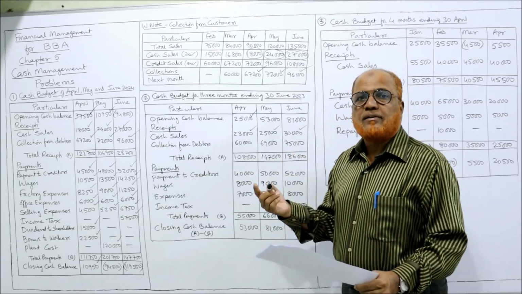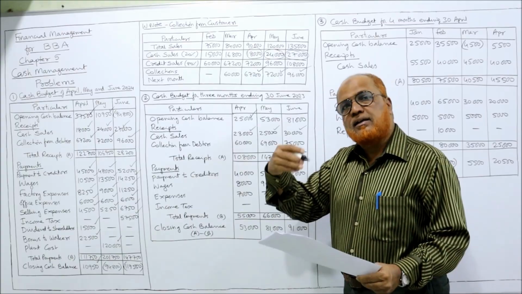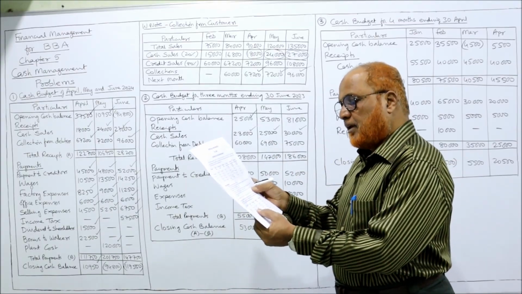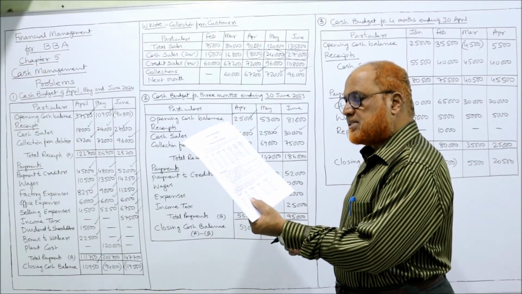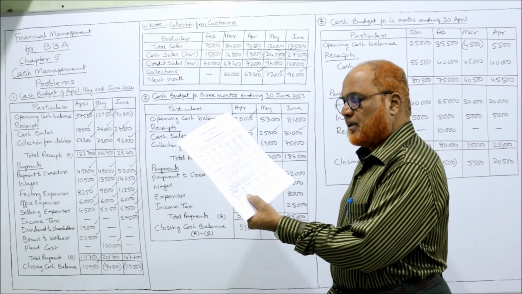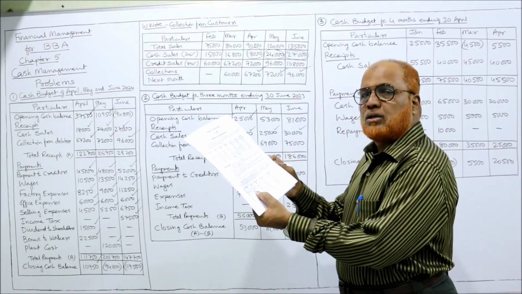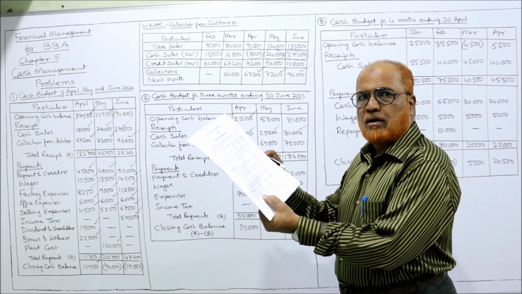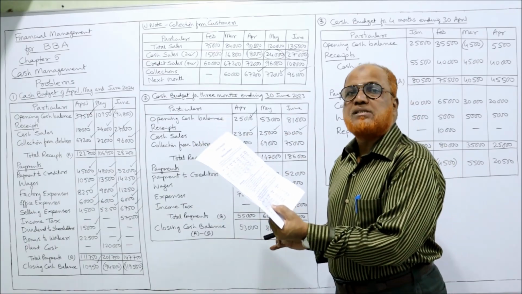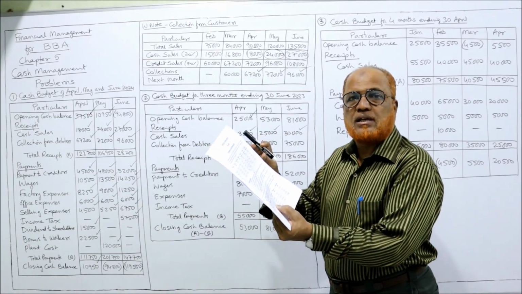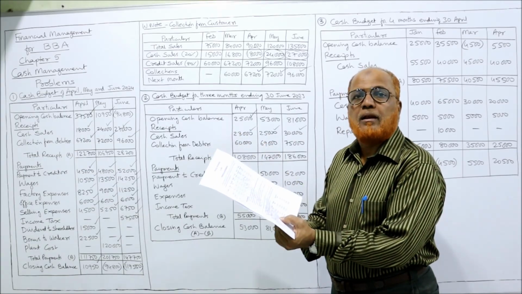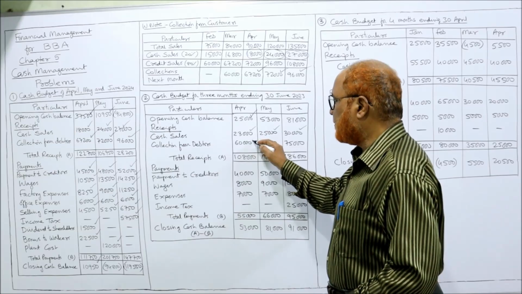Now credit sales. Credit sales will be collected in the next month. For example, in the month of March, the sales are 80,000. 25% of 80,000 is 20,000. That is cash sales. So 80 minus 20, 60,000 are the credit sales of March. That will be collected in April. So 60,000.